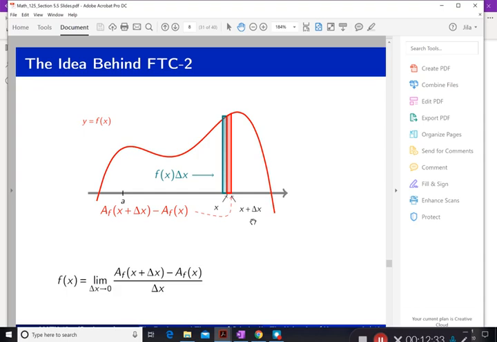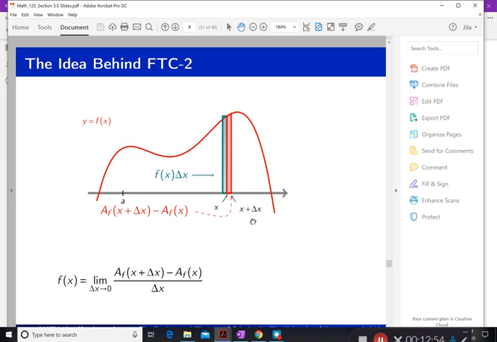So basically, what this is saying is that the difference between A sub f of x plus delta x minus A sub f of x is going to be equal to f of x times delta x.